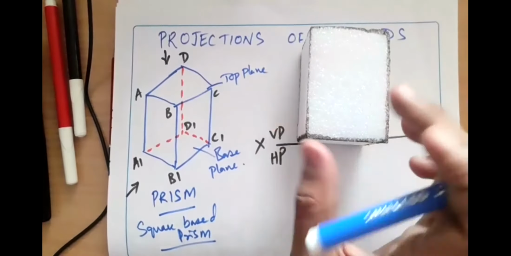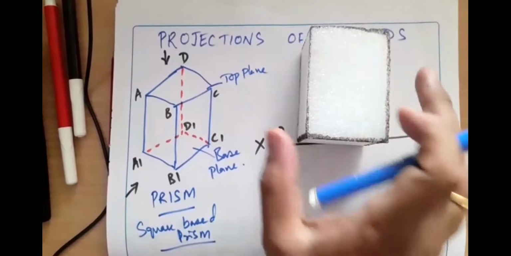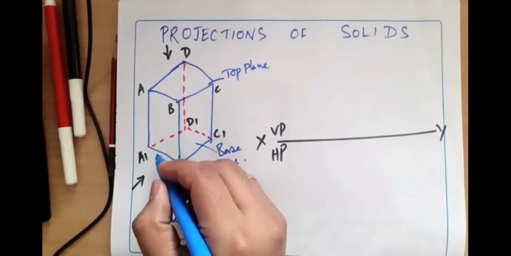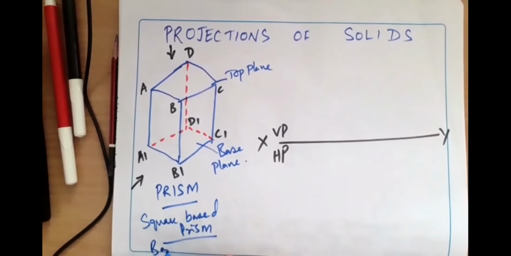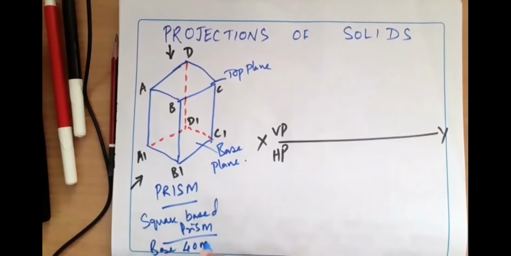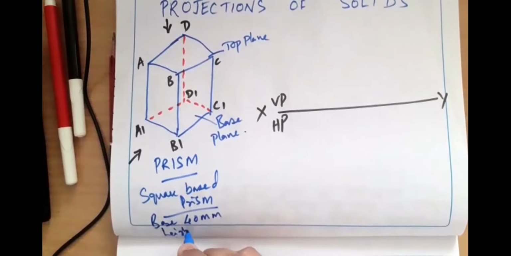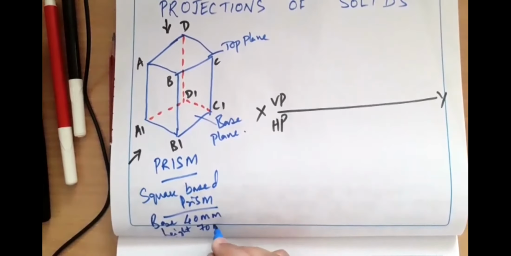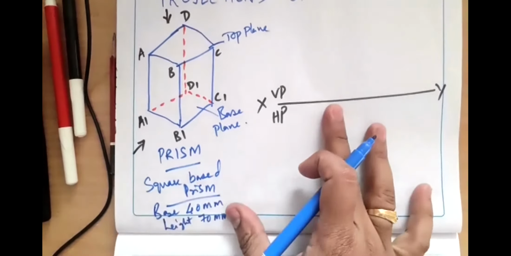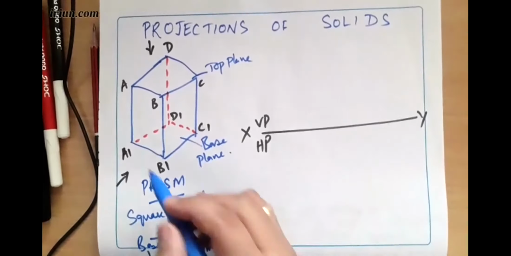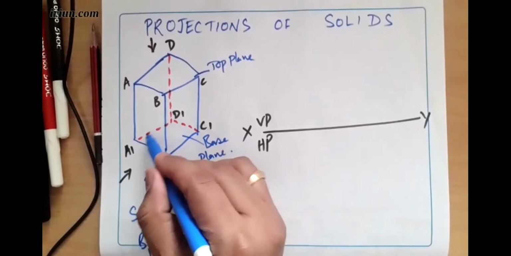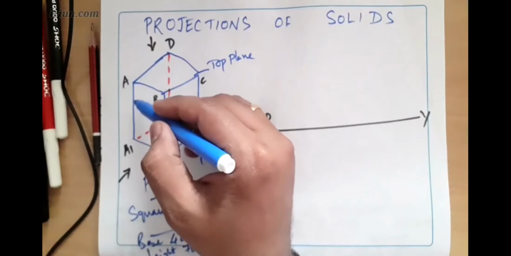I can see it only as a rectangle, right? So I'll imagine the base is 40 mm and the height is 70 mm. So the base is 40, 40, 40 and 40, and the height is 70 mm.